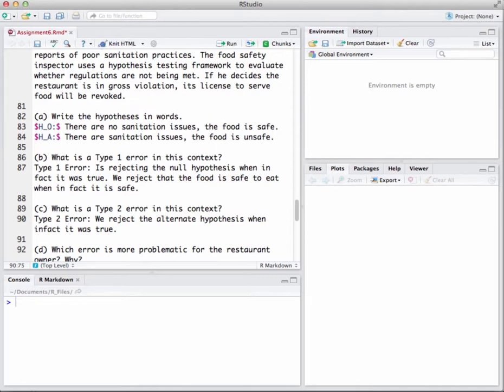So in context, what would that mean in a type 2 error? Well, let's think about it. That means that we rejected that the food is not safe to eat when in fact it is not safe to eat.